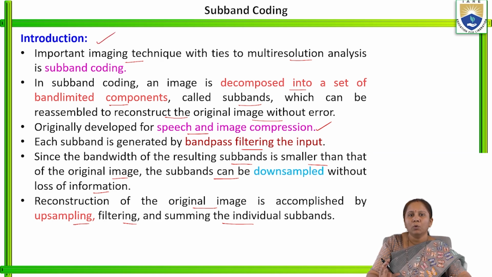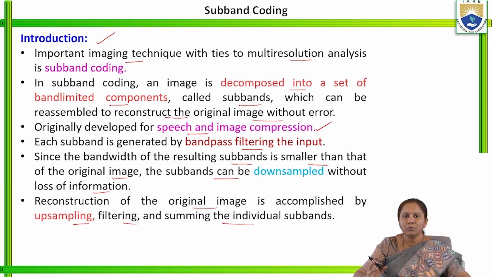Initially, the original image is divided into several subbands. To get the subbands, we use a bandpass filter. After getting the subbands, we use a downsampler in order to compress the image.